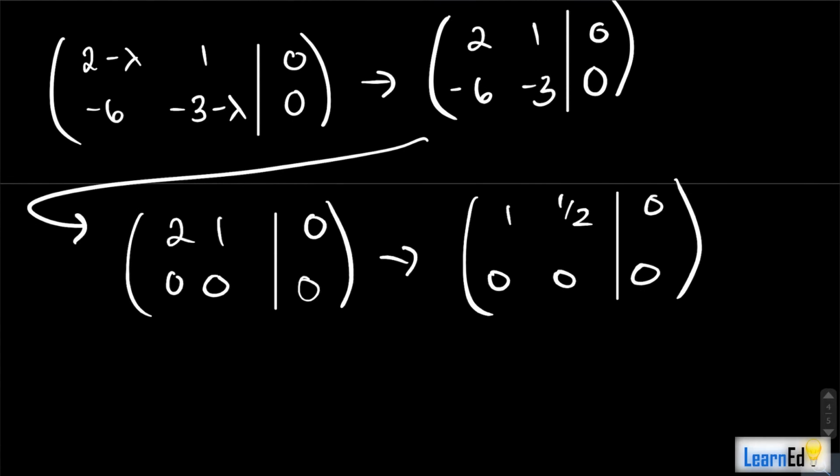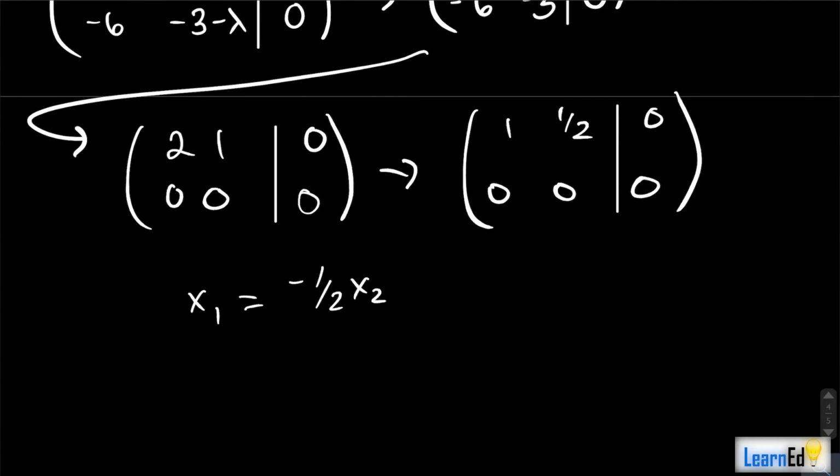So what you can do is write this eigenvector as x1 equals negative 1/2 x2.